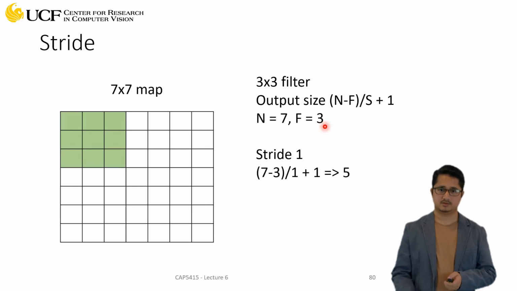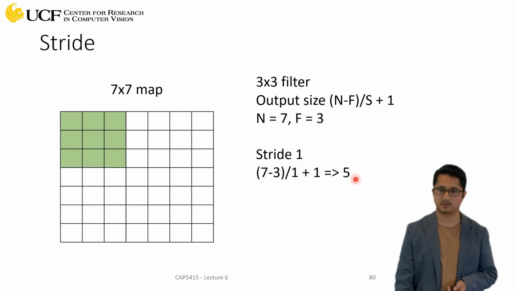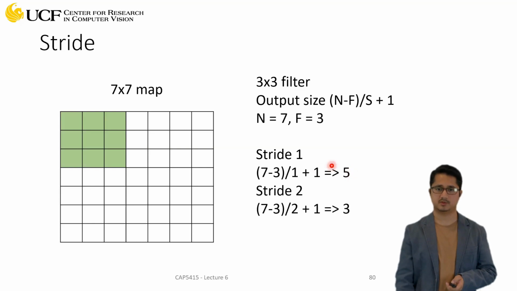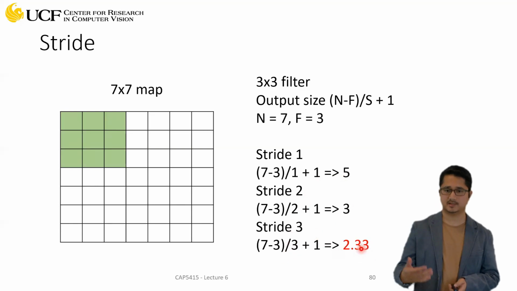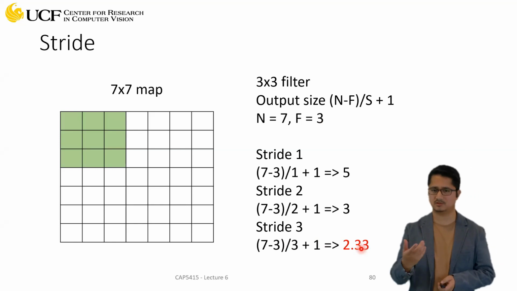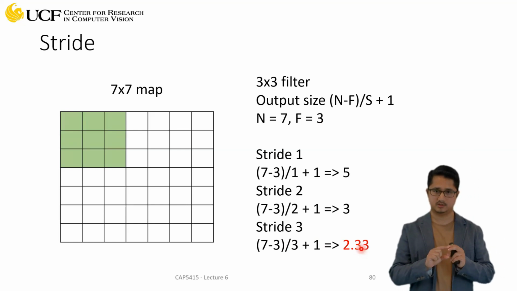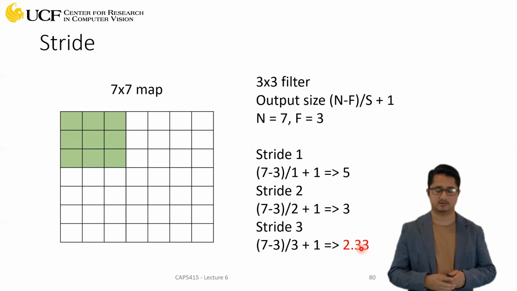A simple way is to put that in your equation, and if it gives you a perfect number, then that's possible. For example, a stride of 1 gives you 5, a stride of 2 gives you 3, and a stride of 3 gives you fractions, which means these are not compatible. So that is a very simple trick to figure out whether your activation map size, filter size, and stride are compatible or not.